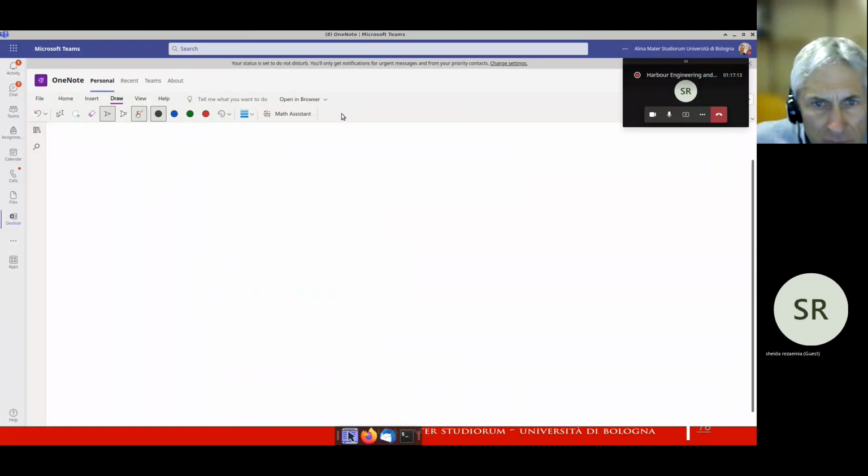This version doesn't allow me to easily make a straight line.